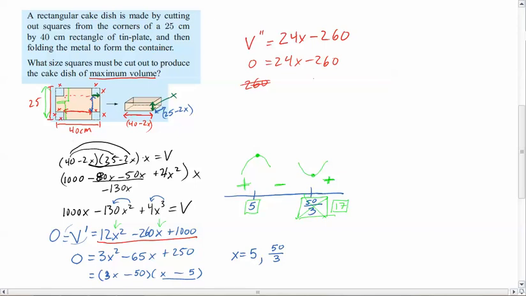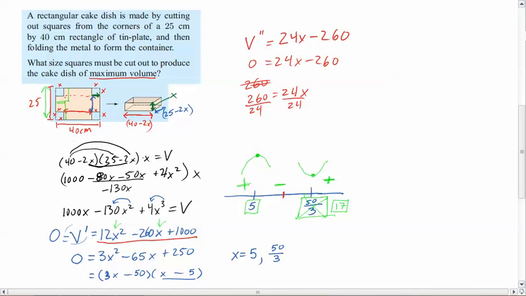Actually, I don't need to do that. I just need to solve. So 260 equals 24x, divided by 24. So 260 divided by 24, I don't really know exactly what number that is. It doesn't really matter. It's pretty close to 10, which means it's somewhere around here.